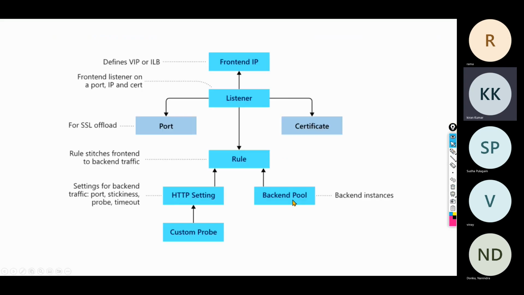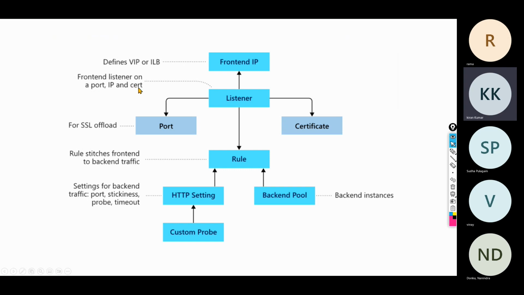Okay, so for the front end, we can use a private IP address or a public IP address, or both IP addresses at the same time. The listener will understand the port number, IP address and certificate.